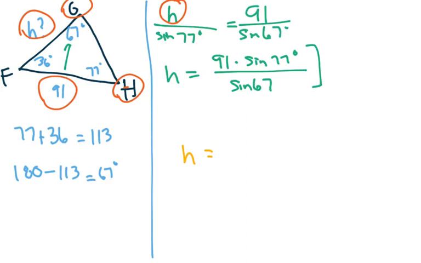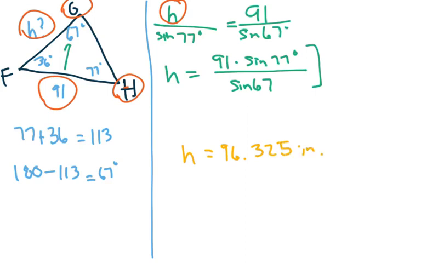So let me do that in my calculator a second. First I'm going to do 91 times the sine of 77, and that is equal to 88.667. I'm going to divide that by the sine of 67, and that gives me 96.325 inches.